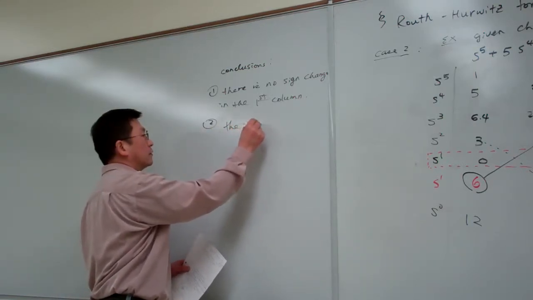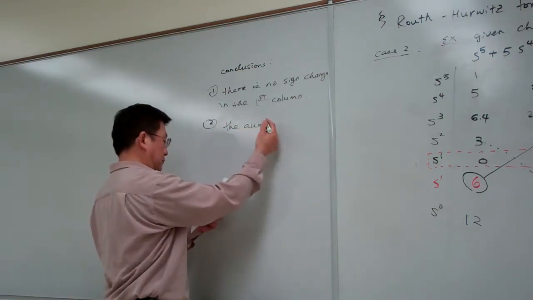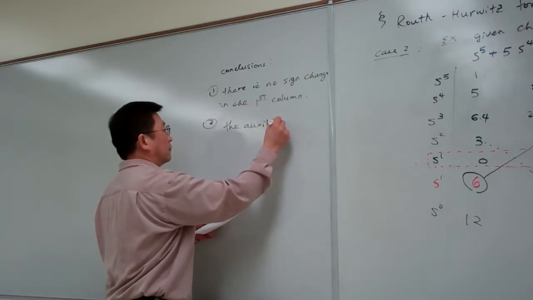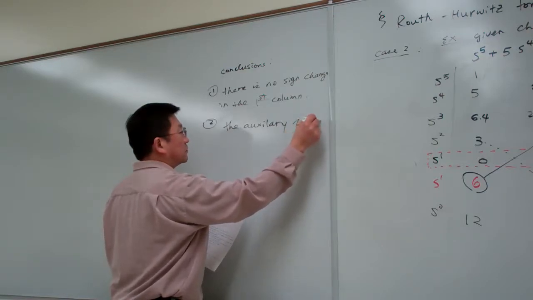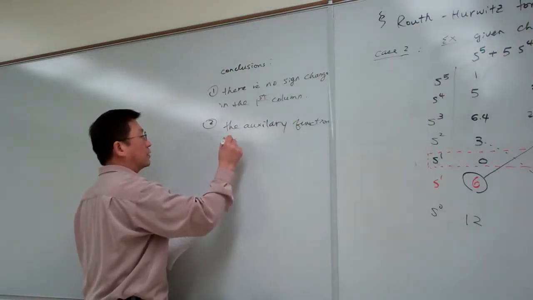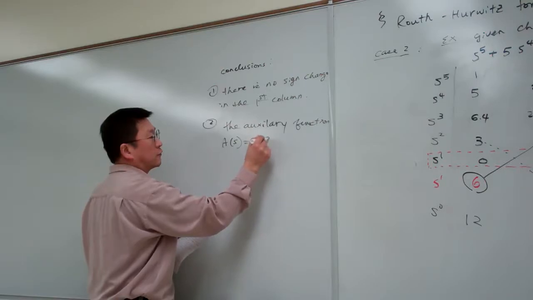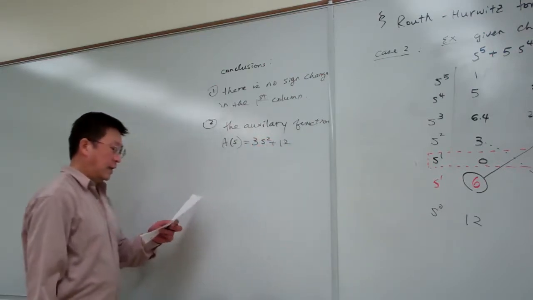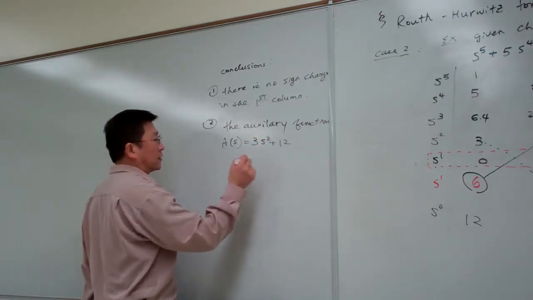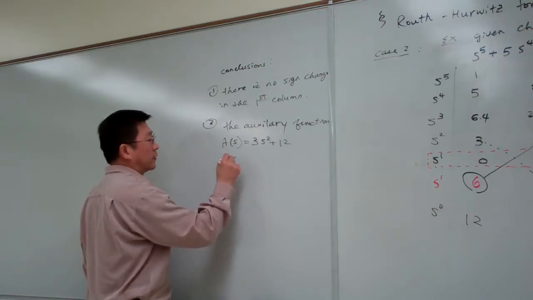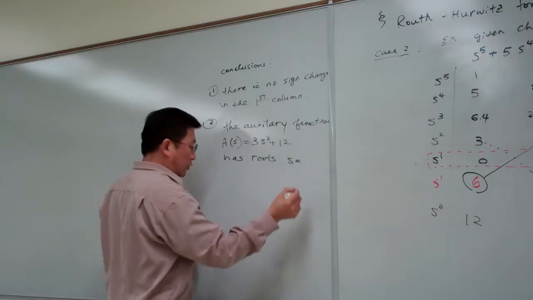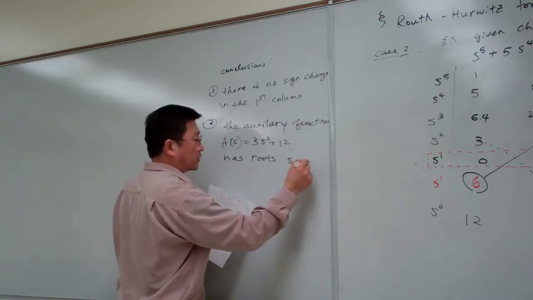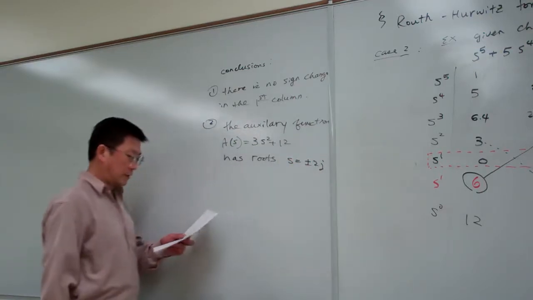The auxiliary function is equal to 3s squared plus 12, and has the roots equal to plus and minus 2j. Okay.